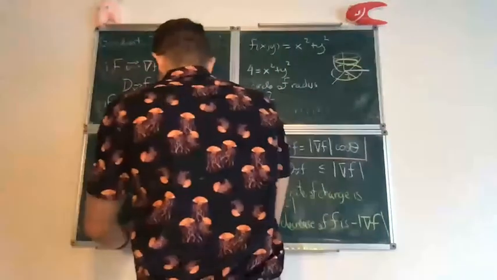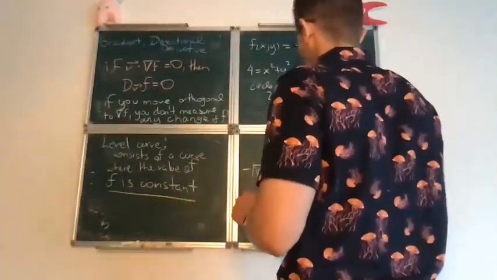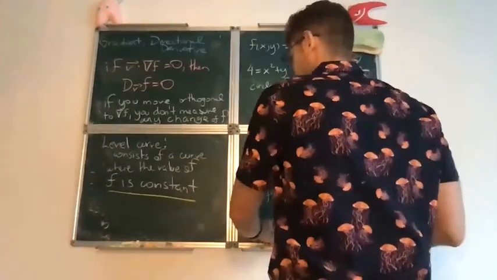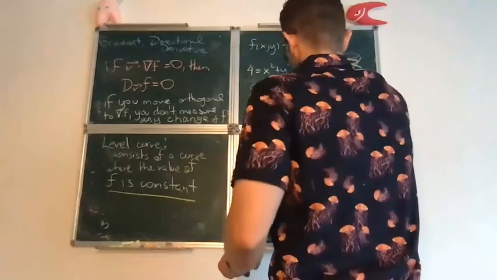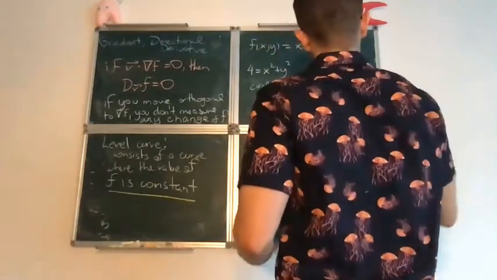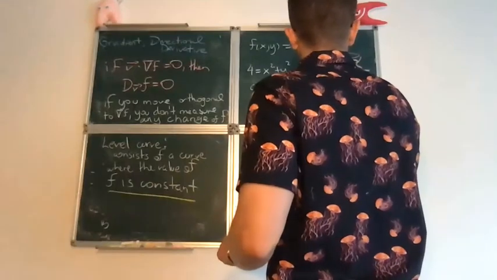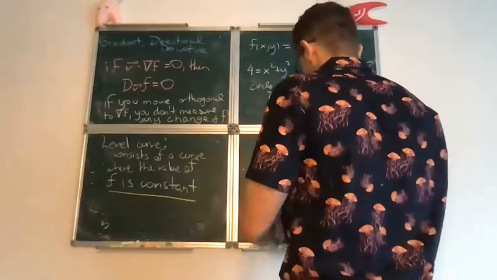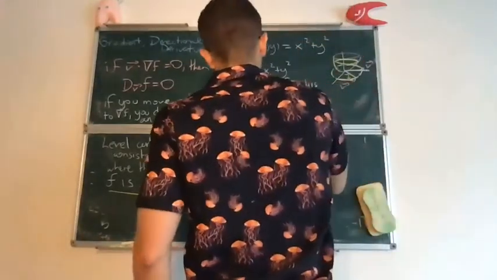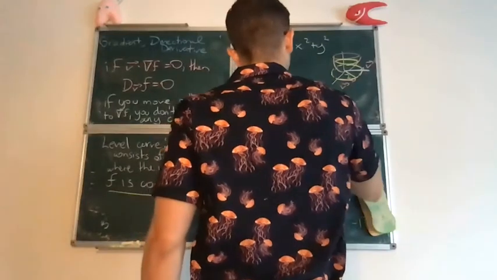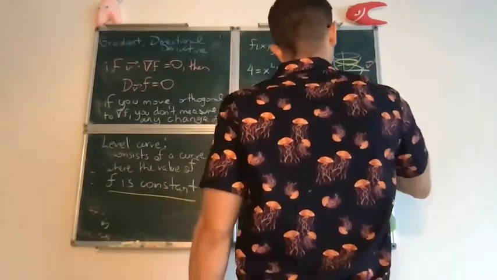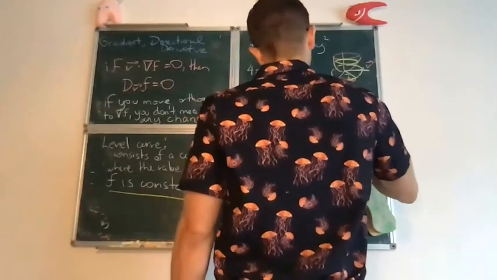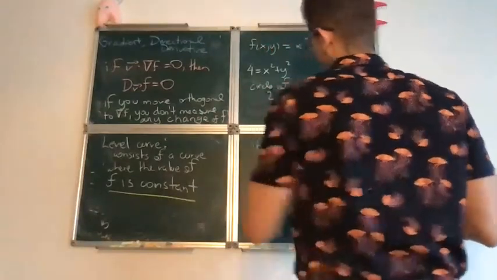So if you think of the vector, what that means is that if you choose a vector b that's tangent to the level curve, then what happens?